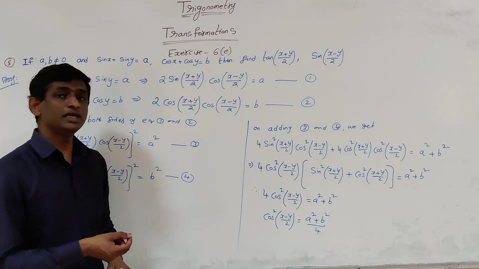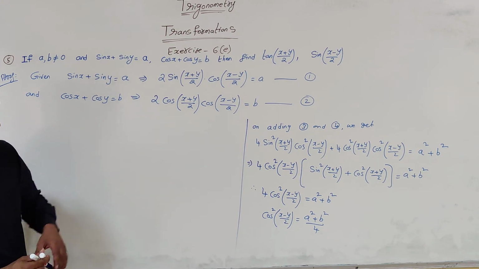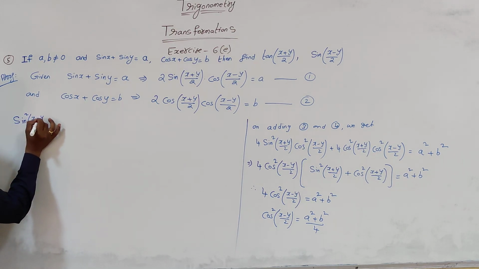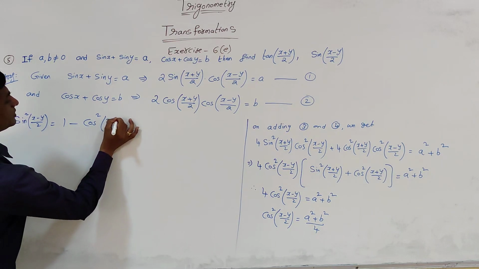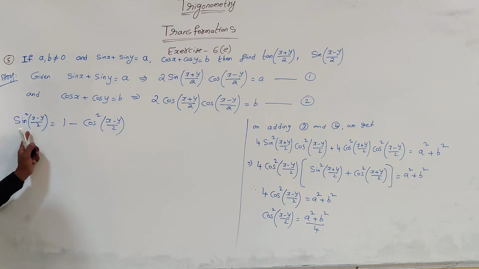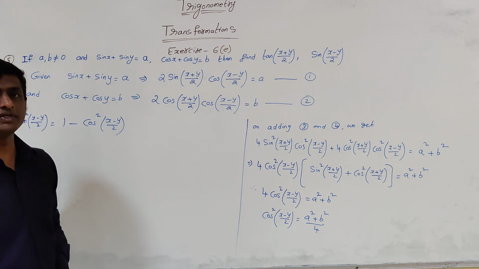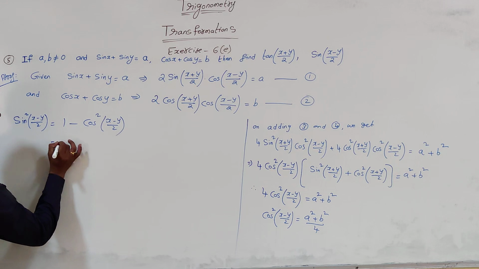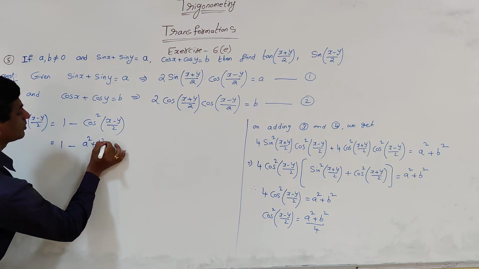From the trigonometric identities, sin square of (x minus y) by 2 can be written as 1 minus cos square of (x minus y) by 2, because sin square theta plus cos square theta is 1. Since we know cos square of (x minus y) by 2 is (a square plus b square) by 4, sin square is 1 minus (a square plus b square) by 4.